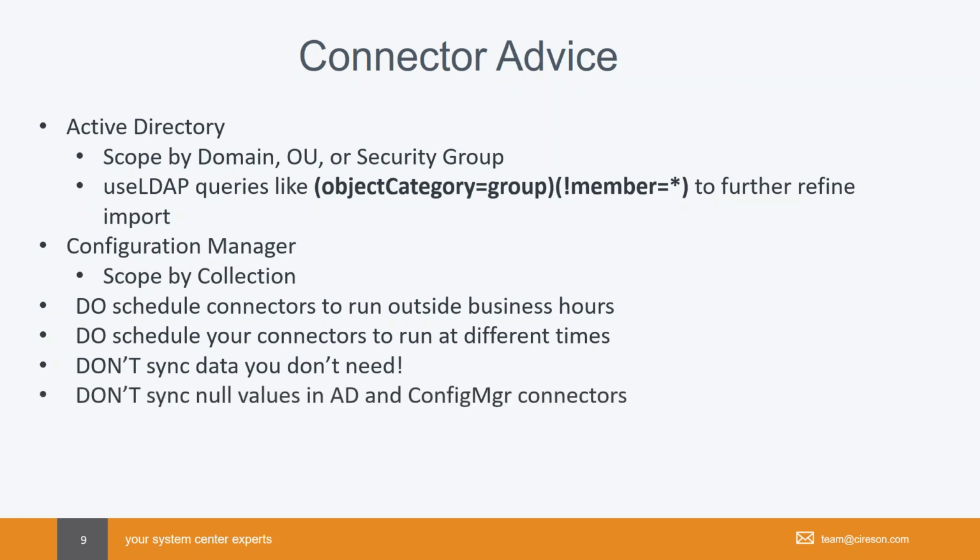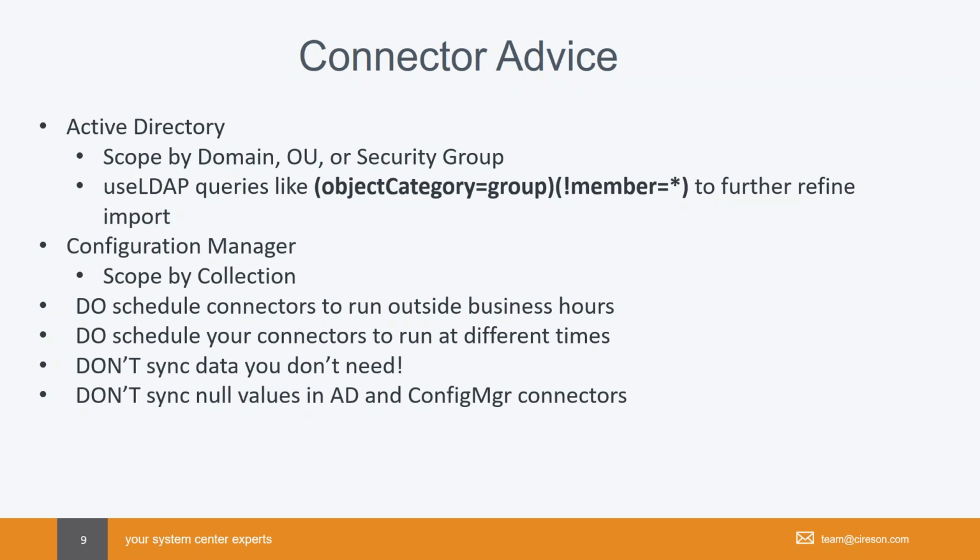A key one: don't synchronize the data that you don't need. If you have a connector that is bringing in data for systems or data sets that you're not interested in, turn them off. Don't let them continue running for no reason. Within your connectors for AD particularly, and even for Configuration Manager, check the box not to bring in null data from these different data sources.